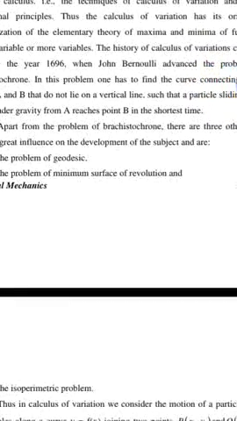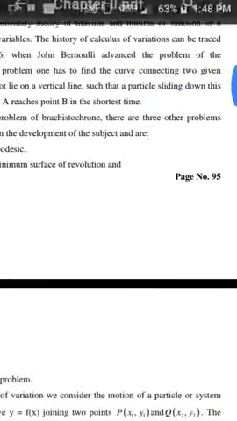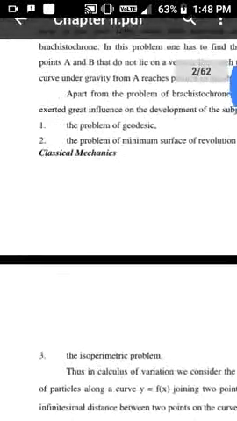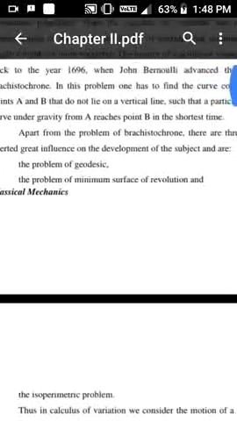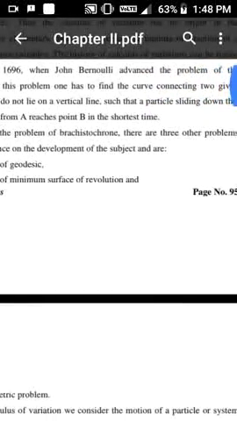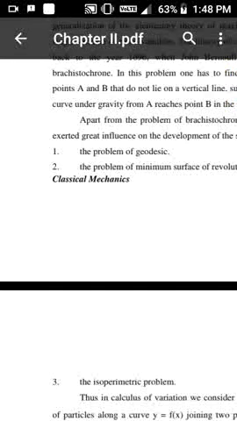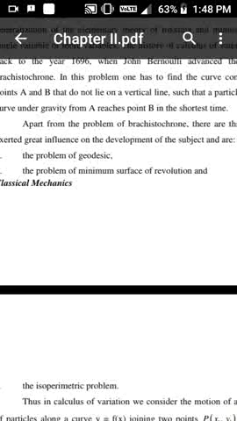In this problem, one has to find the curve connecting two given points A and B that do not lie on a vertical line, such that a particle sliding down this curve under gravity from A reaches point B in the shortest time.